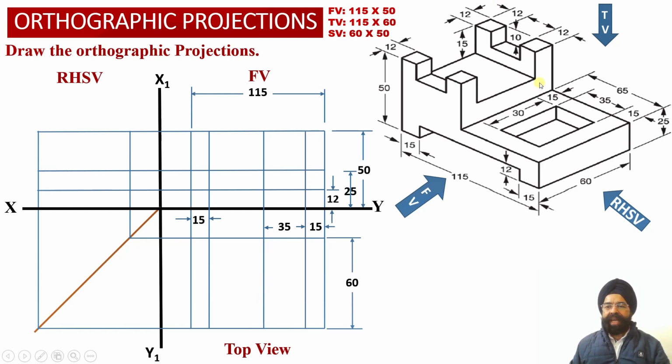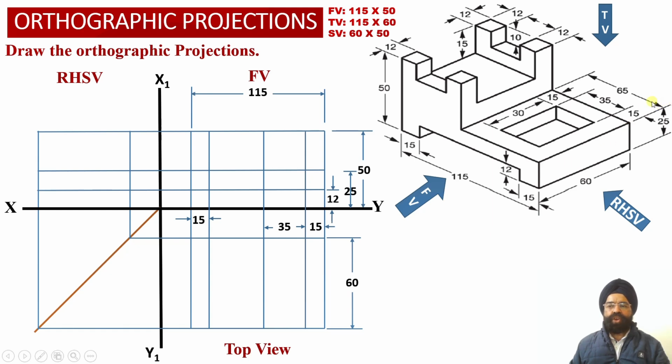And now we know that this horizontal portion of element number 1 is going to continue up to a height of 25 millimeter till we reach a point 65 millimeter from the right hand side face of the solid. So this is the right hand side face of the solid.